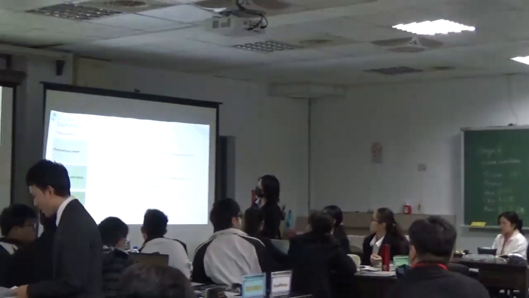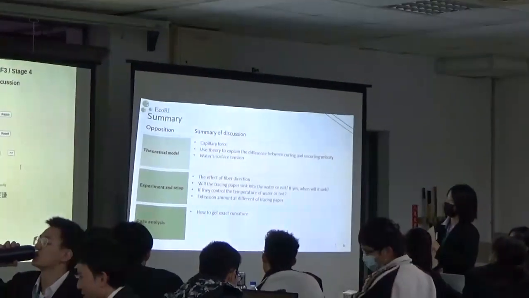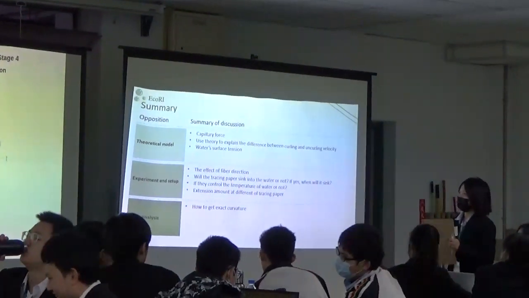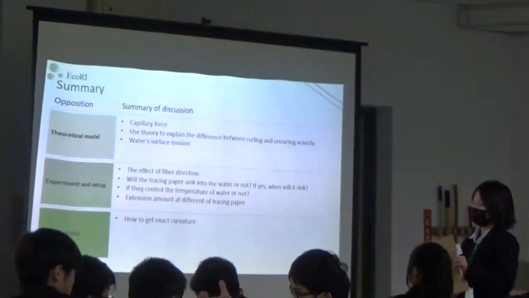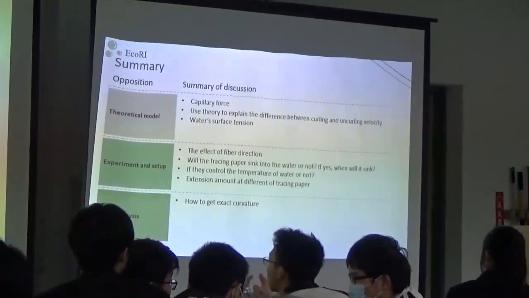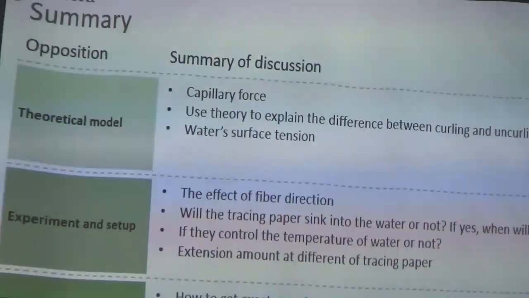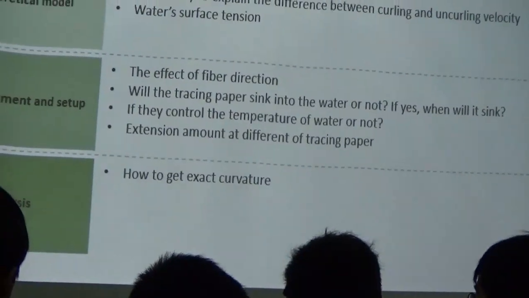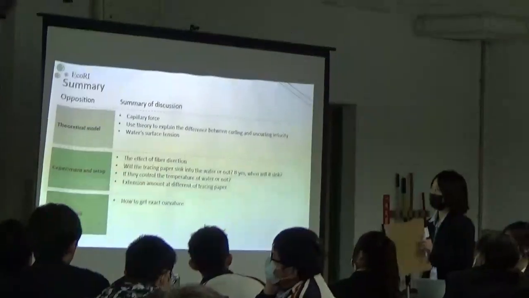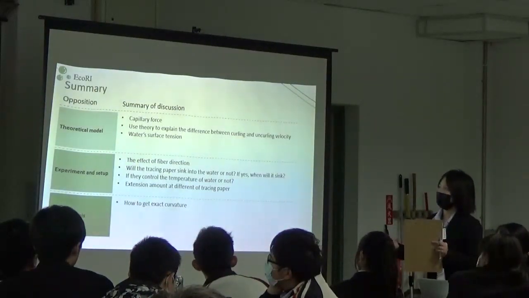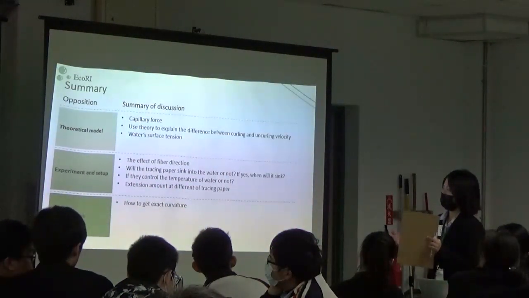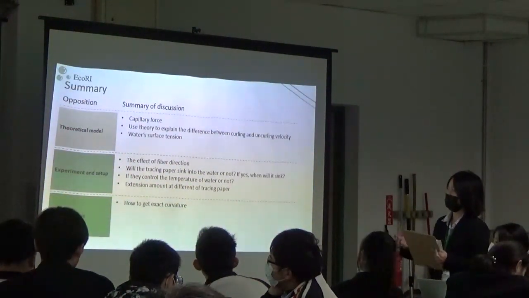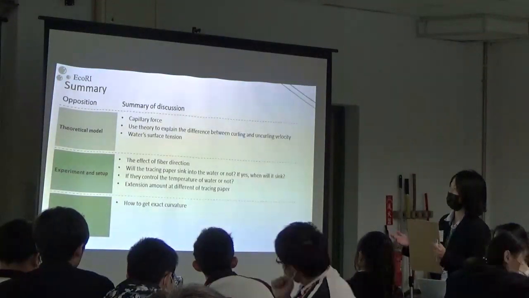Okay, to summarize the theoretical part, we discussed the penetration of the tracing paper, which is because of either the Marangoni force or the diffusion. If it is diffusion, they need to consider the temperature of the experiment.